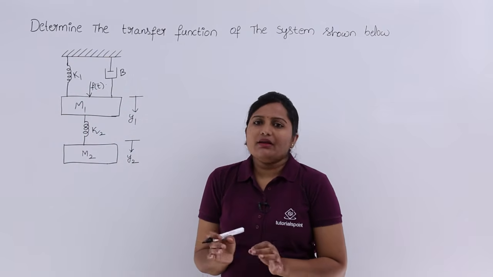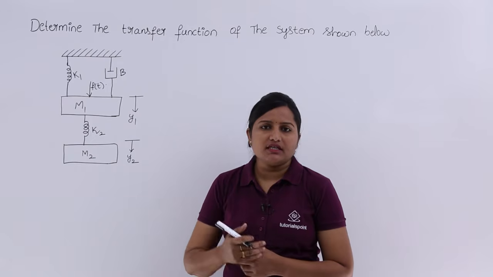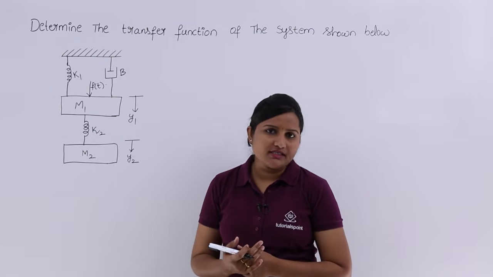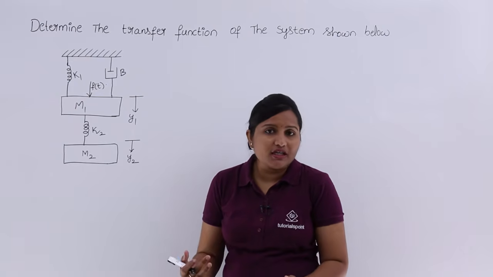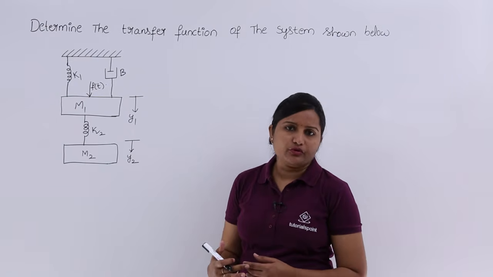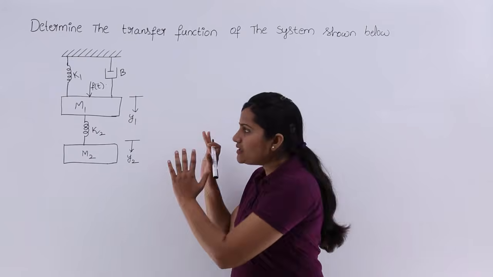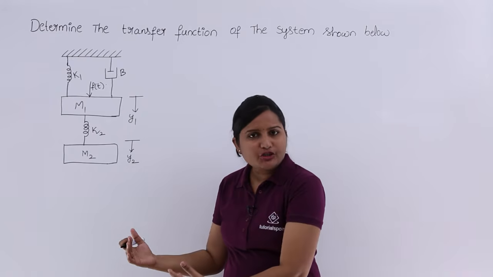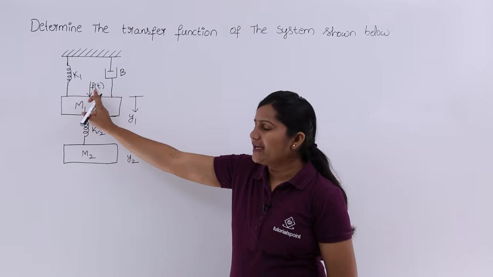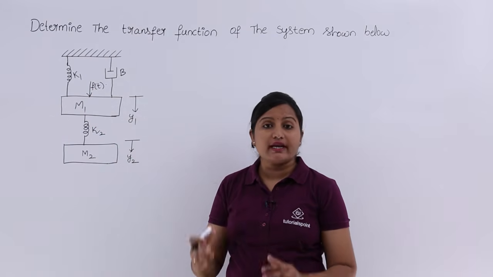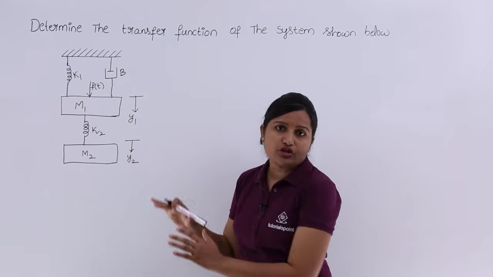In the general manner, the transfer function H(s) is the output transform by the input transform. For this diagram, we need to derive Y2(s) by F(s). Then you will get the transfer function of this system.